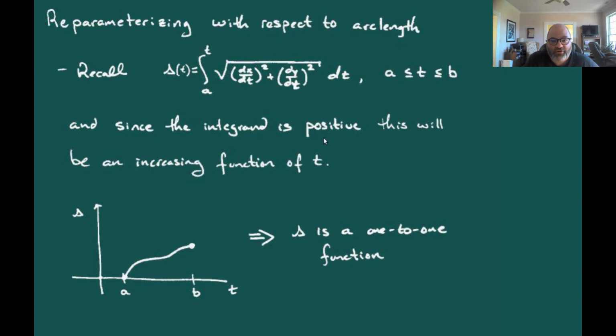Now, since the integrand is positive, we know that this is going to be an increasing function of t as t goes between a and b. And so, in particular, since we're increasing, s has to be a one-to-one function.